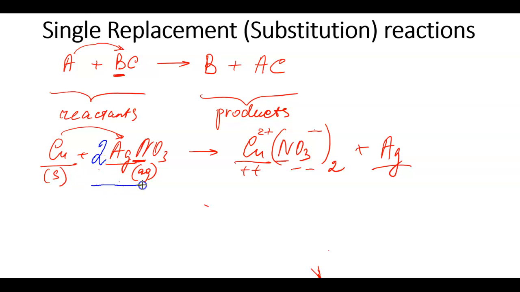And I am going to underline it. So now this formula is good. But see, this coefficient 2 applies to silver, to Ag. That means that I need to put an additional 2 here. And silver is balanced, right?